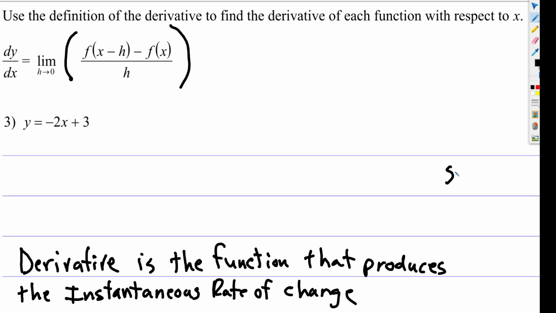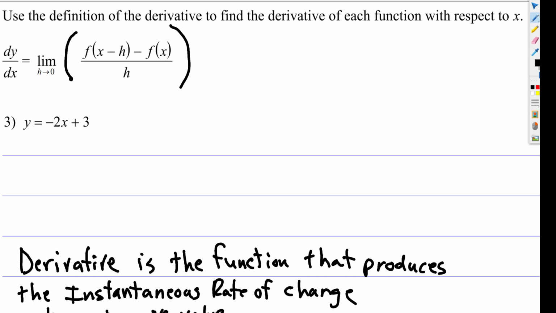Remember what I mentioned before in the last video? Think slope of the tangent line, because it can touch at any given point and you can have an infinite number of them. So instantaneous rate of change at a given x value, or sometimes they'll say c value, which is an x value.